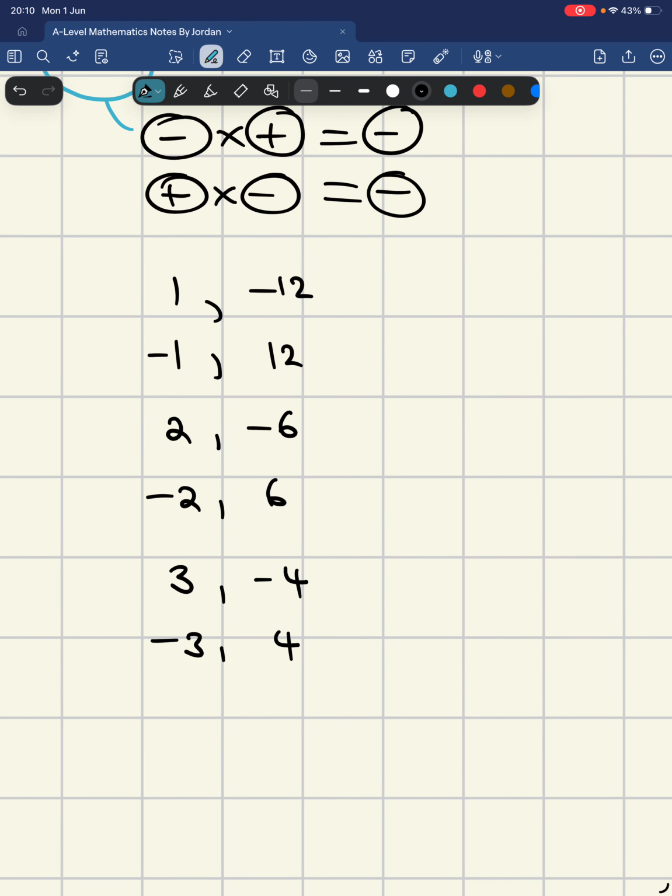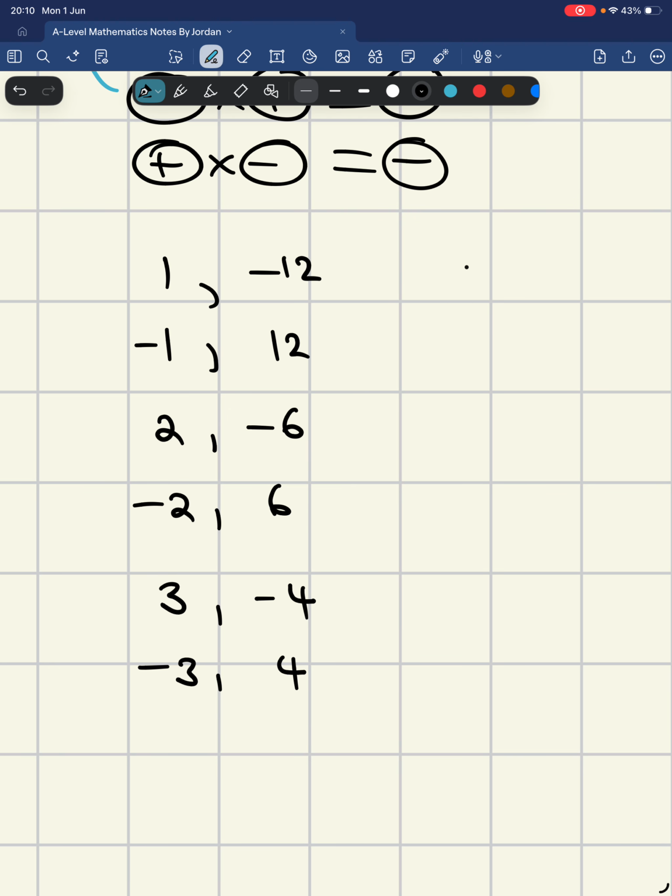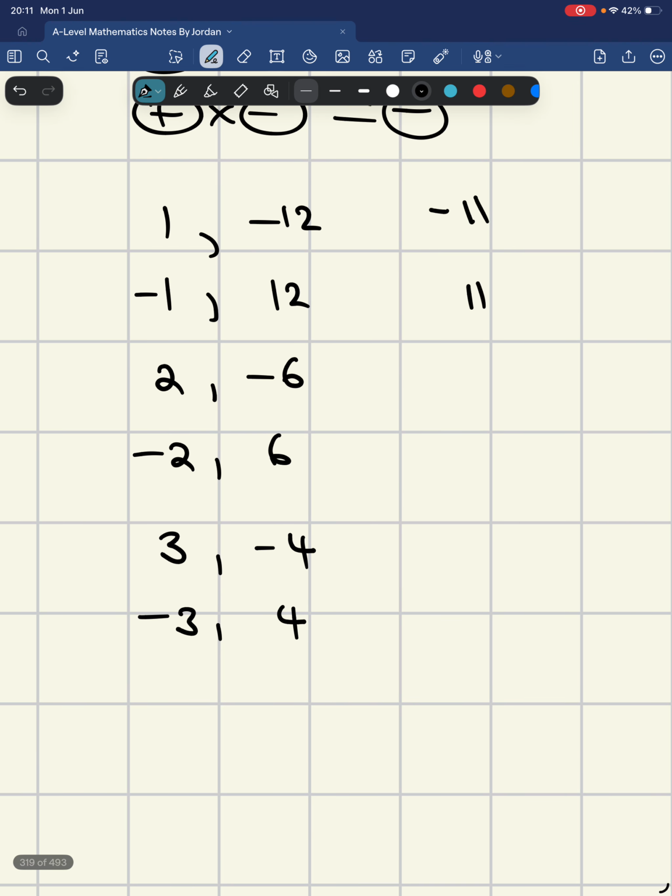So looking at these, I've got 1 and 12, difference being 11. 12 is bigger and it's negative. Now here we've got 1 and 12 again, difference is 11, but the 12 is the bigger number and it's actually positive this time. So you should always notice that they'll be opposite in sign. Okay.